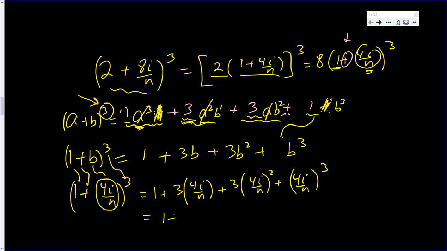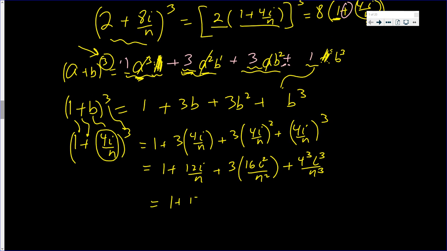So I get 1 plus 12i over n plus, well, it's 3 times 4 squared, i squared over n squared, plus 4 cubed, i cubed over n cubed.